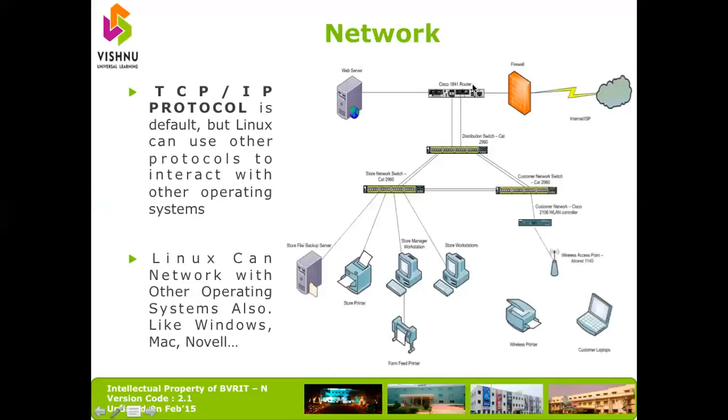Then from a router, you get into a switch. That switch can also divide the load into multiple other switches, and from a direct switch, you get your computers or devices connected, right? You can also use a router here to route the traffic around multiple devices, and that can be connected to a wireless hotspot so that you can connect wirelessly to your network.